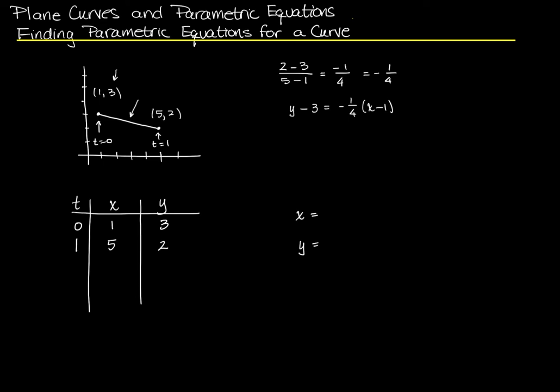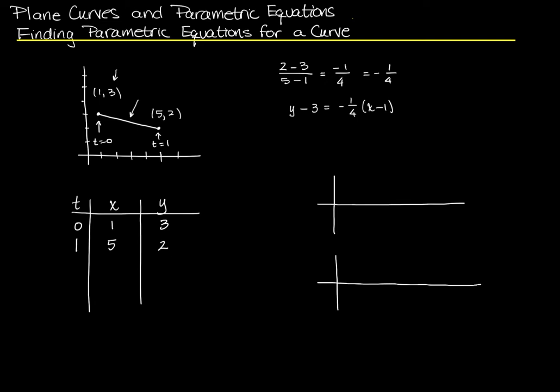So I'm going to look at the relationship between the t values, the output for the two different t values just for x, and the output then just for y. In other words, I'm splitting this up into two different problems, one for x and one for y. So really what I want to do is figure out how does t affect x, and then how does t affect y?